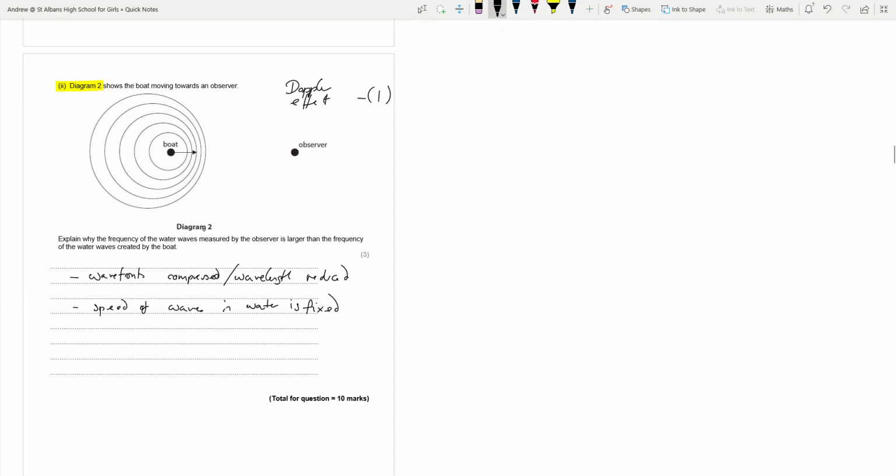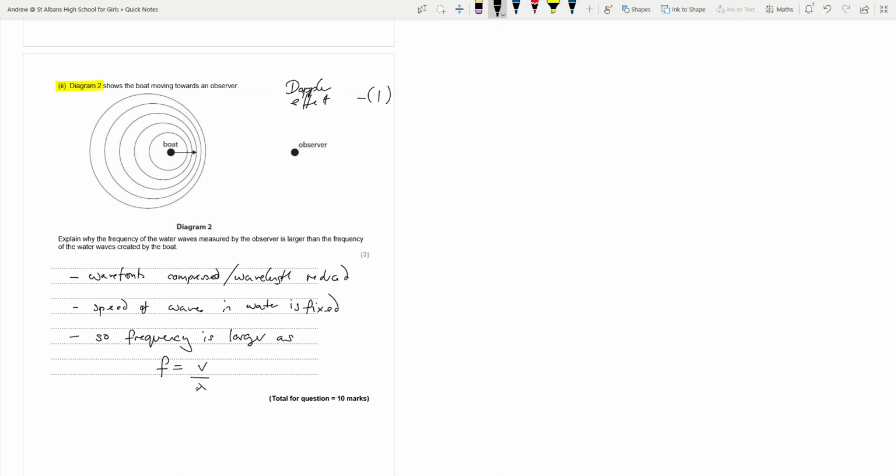So the speed of the wave is fixed, and if the speed of the wave is fixed and the wavelength has been reduced, we can therefore say what has happened to the frequency. We can say that it is larger, as frequency is going to equal wave speed over wavelength.